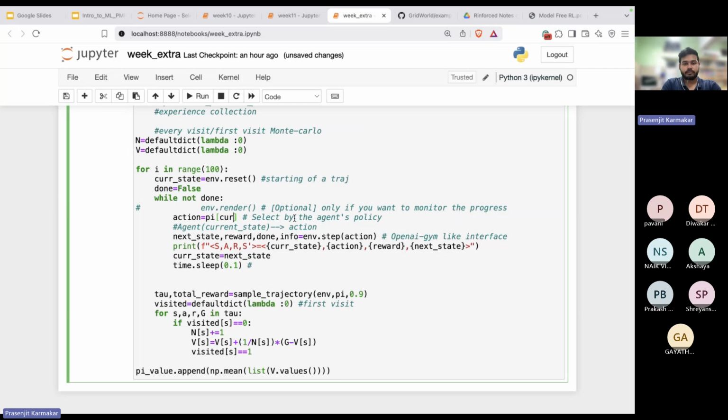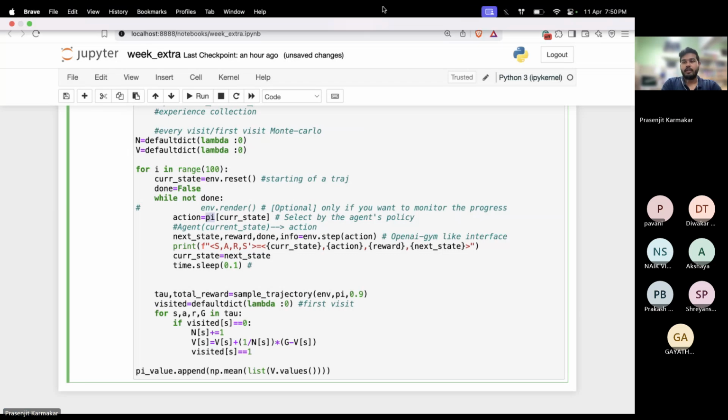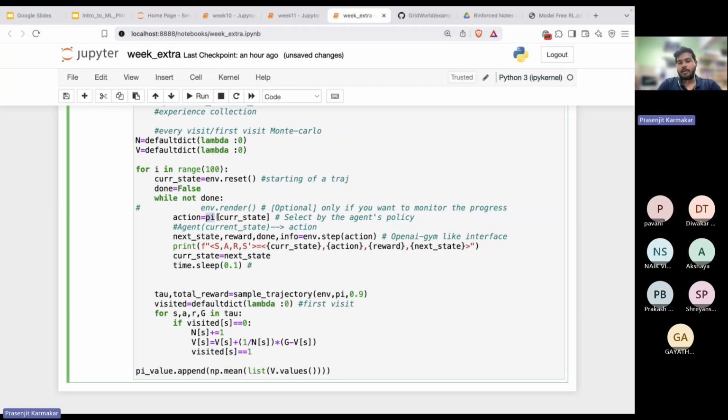This is an array that gives me actions back. I give it the current state, and it gives me the corresponding action. Now I step that action in the environment and get the next state, reward and done info. So the transition pair I have is state, action, reward, next state, done.